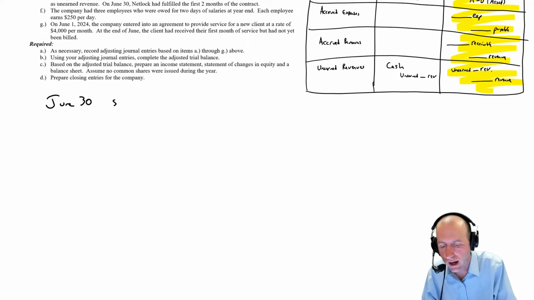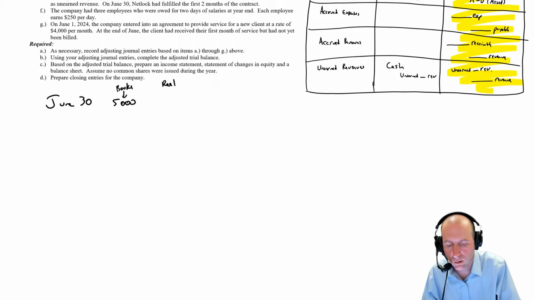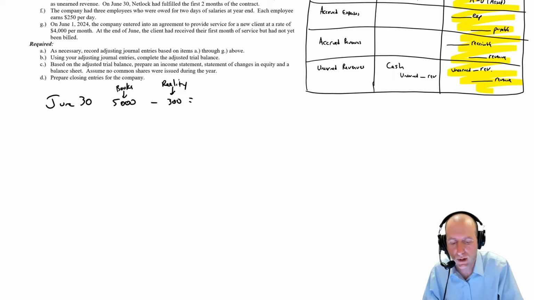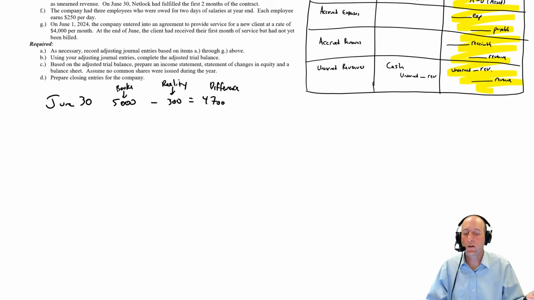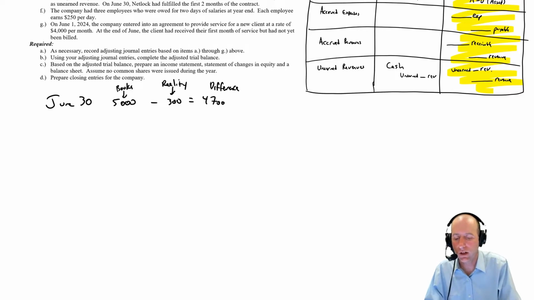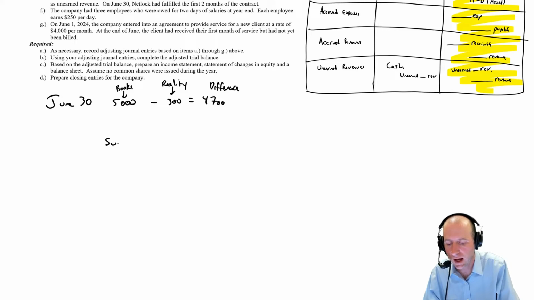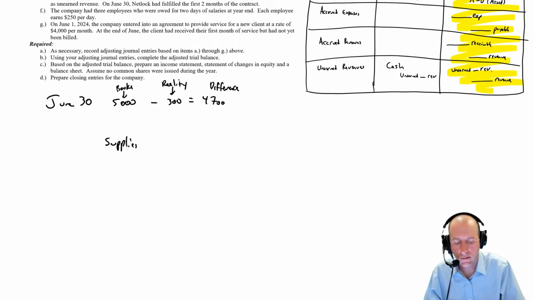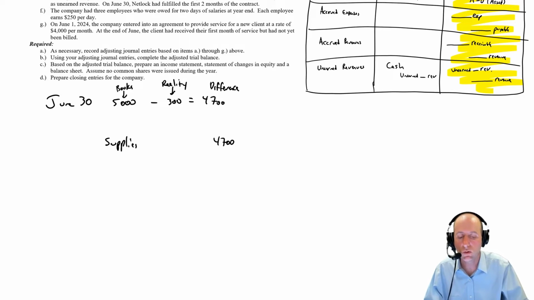By how much? Well, again, my books say 5,000. Reality, my count, says 300. 5,000 minus 300 means the difference here is $4,700. I have to reduce my supplies asset by $4,700. So I credit supplies $4,700 because they've got to go down by $4,700, from 5,000 to 300.